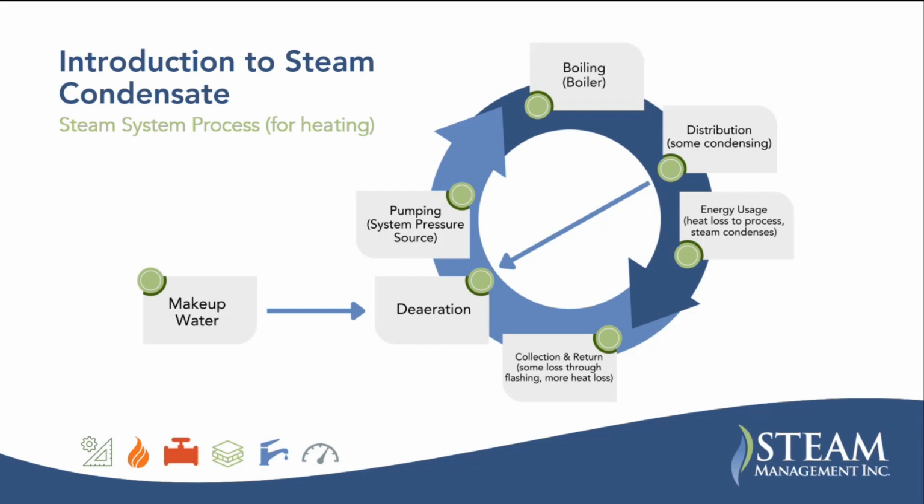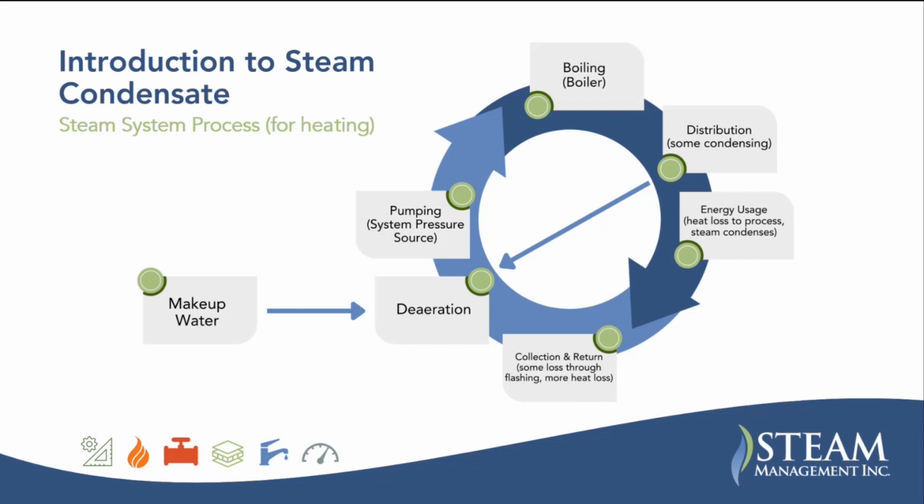Then you go to your energy usage, your different steam users, and more condensate is formed. All of that is collected and returned as much as possible. You lose some more through flashing in your collection tanks, leaks and other things, and some users consume steam, so you lose steam that way as well.